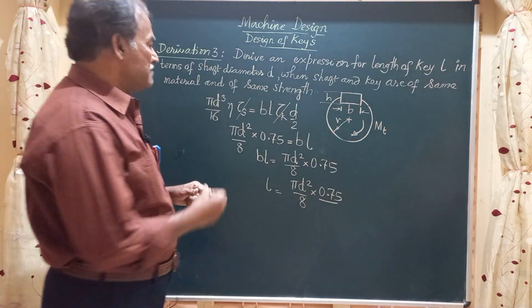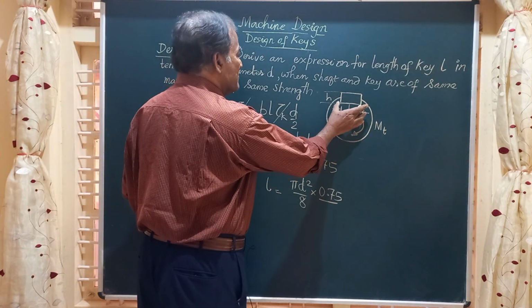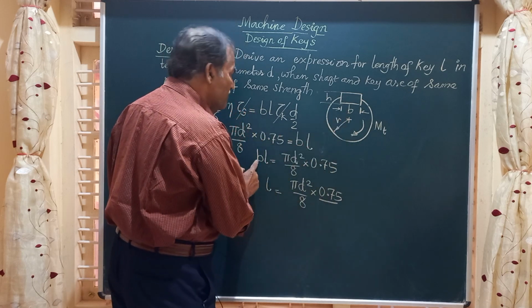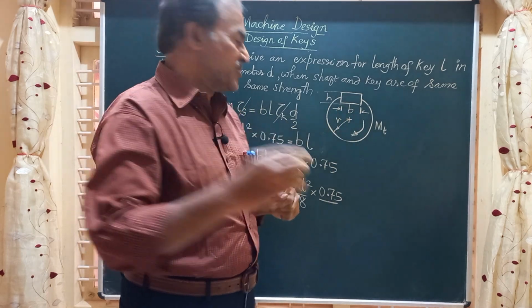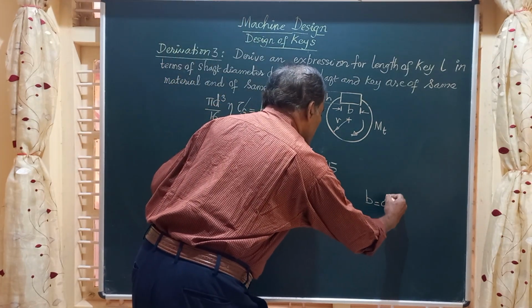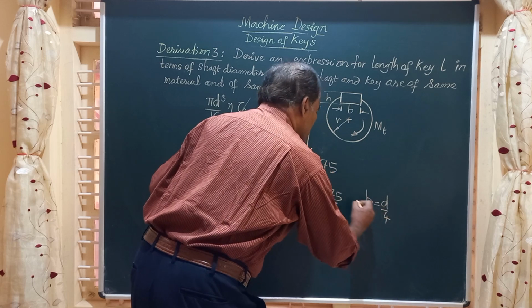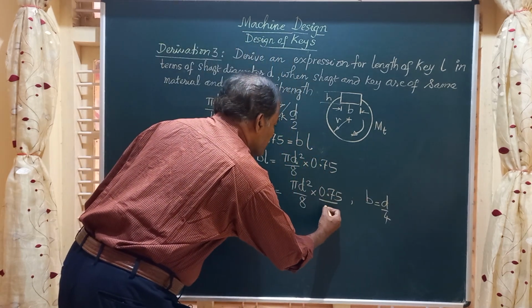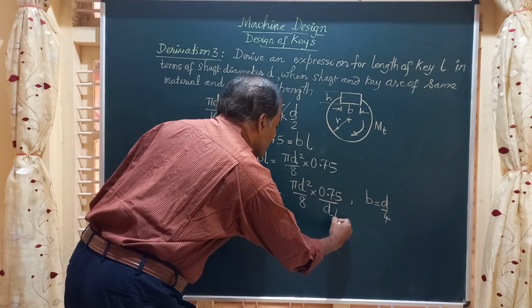Friends, generally, if B is the width, D is the diameter, the value of this B will be 1/4 the shaft diameter. I'll write down here B is equal to D by 4. A thumb rule says like this. So with this, I can just put it as D by 4.